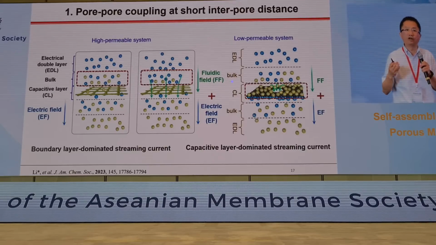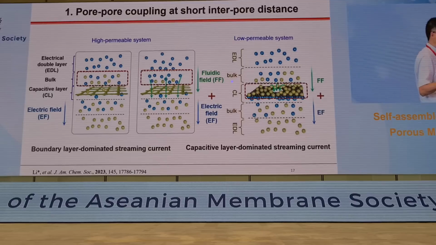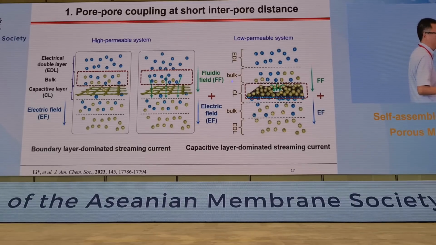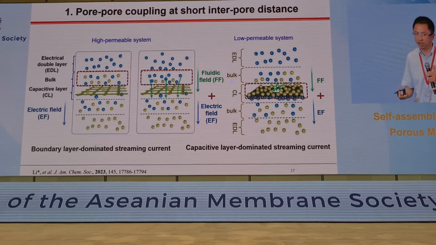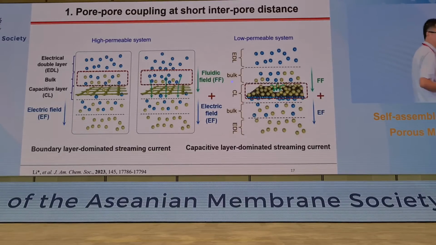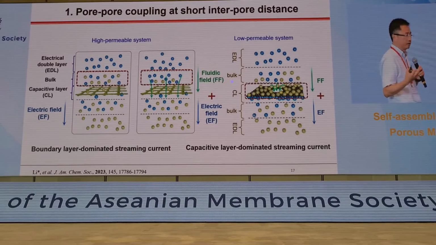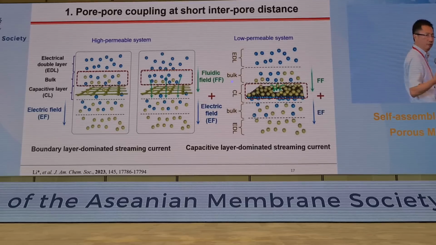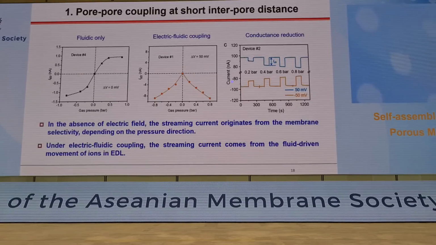This will cause the generation of a reverse stream current. As a result, the membrane conductance will decrease. So this phenomenon is totally opposite to what we observed in single pore systems. I think there's a large difference between the multiple pore system and the single pore systems.